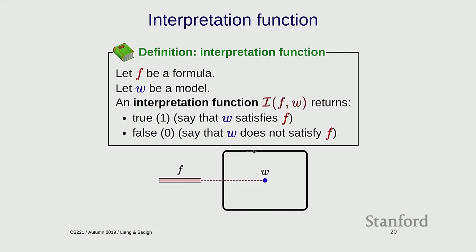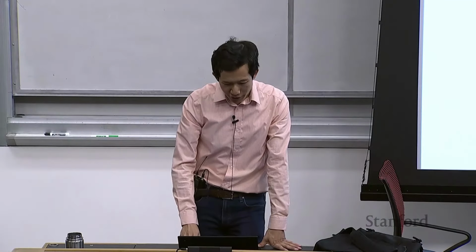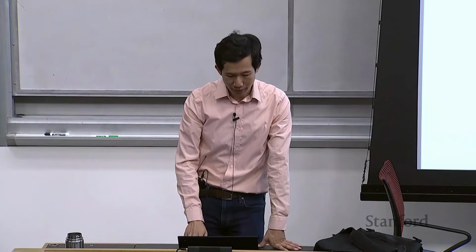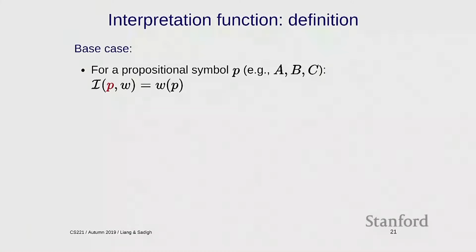Think of this as the space of situations we could be in in the world, and a point here corresponds to a particular model. So an interpretation function takes a formula and a model, and says, is this statement true if the world looked like this?